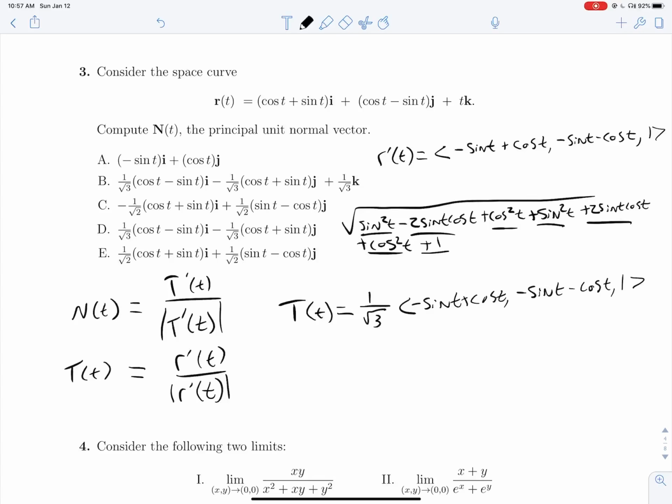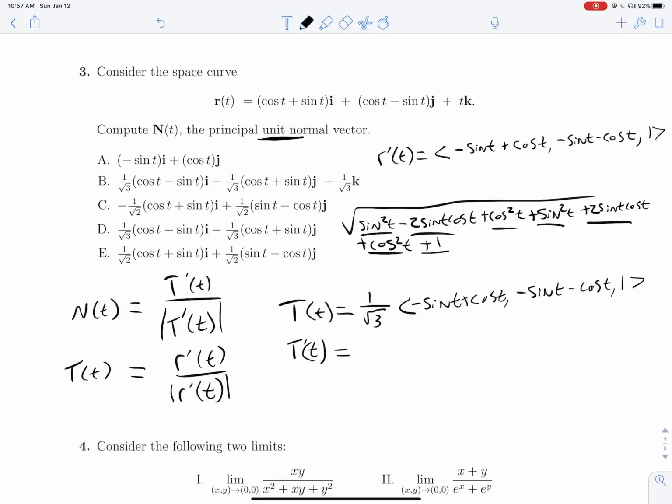Okay, we're halfway there. So now we know that we need the derivative of our unit tangent vector. And it's important to realize something at this point, because we're essentially making a unit normal vector.